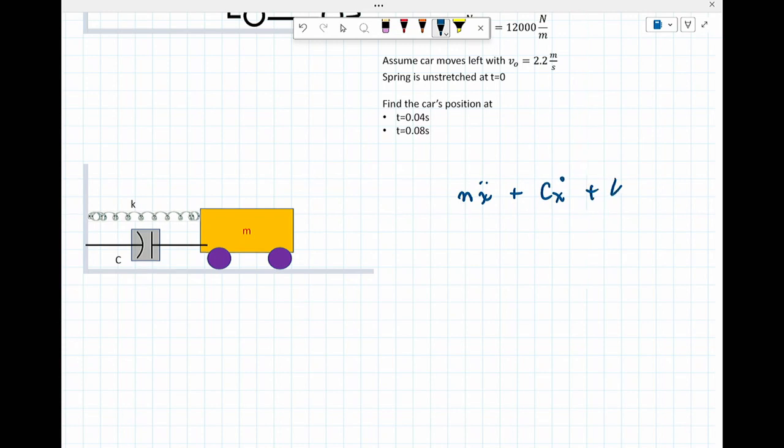I'm getting very sloppy here because I don't really need to do very much in this particular problem. I have done enough examples that every time I look at a horizontal mass spring damper system, I know what the form of the equation is going to be. It's m x double dot plus c x dot plus k x. And I'll divide out the mass so that I have the standard form of the equation.